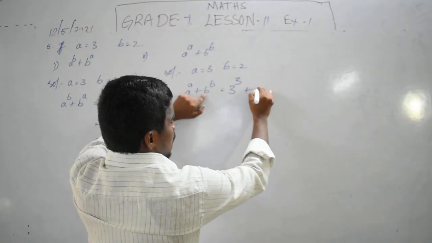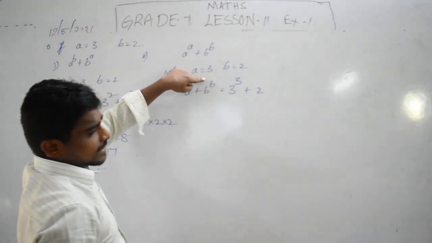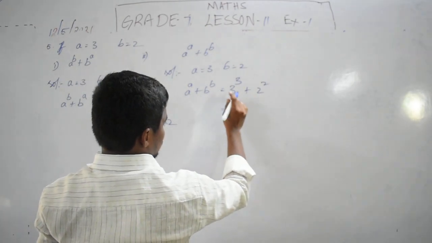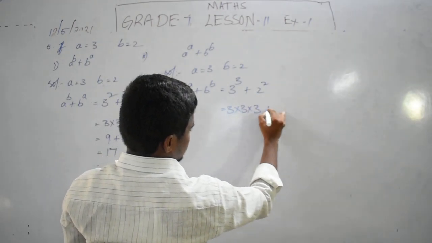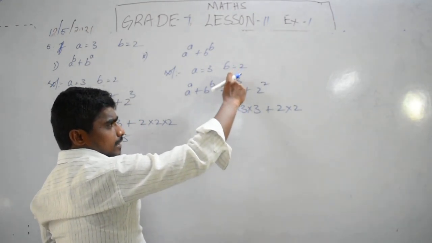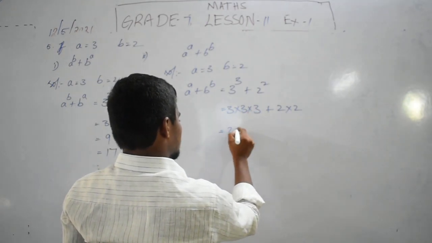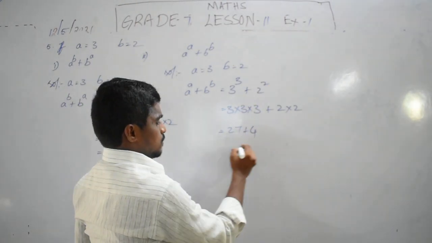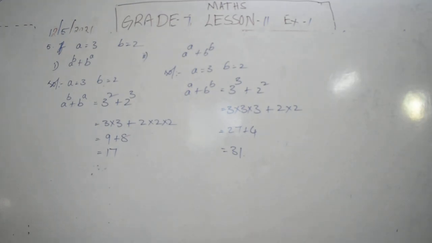Similarly, for B value 2, base B and exponent B, so 2 power 2. So 3 power 3 plus 2 power 2. Base 3 power 3: we multiply 3 times. 3 threes are 9, 9 threes are 27, plus 2 twos are 4. So 31. The remaining 2 problems are homework.